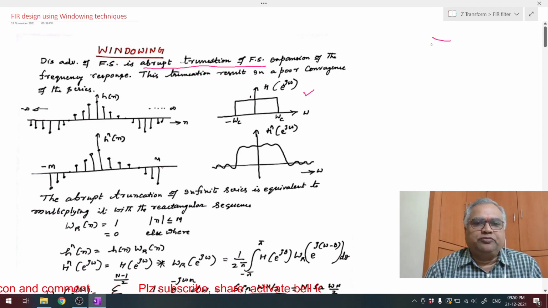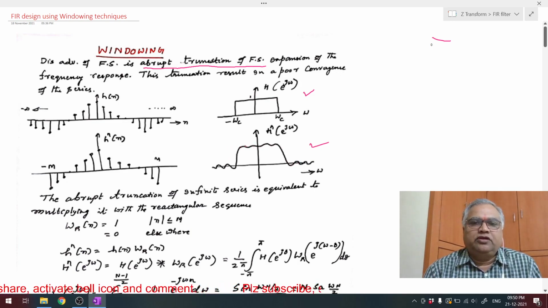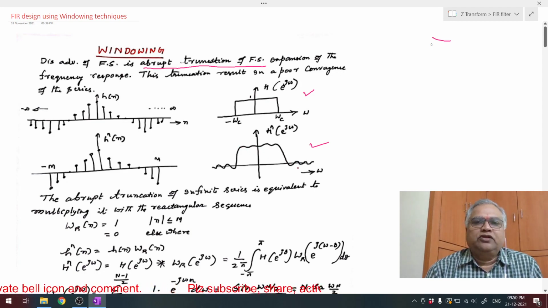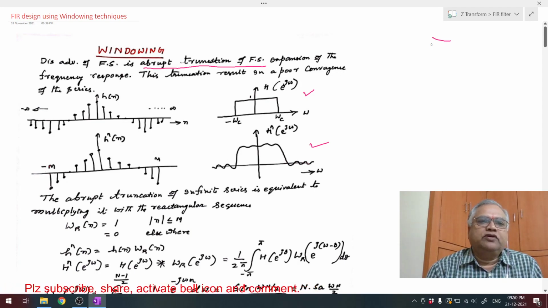Because of this abrupt truncation, the frequency response is changed like this. We find some ripples at these frequencies, and also ripples instead of getting 0. This is because of abrupt truncation.